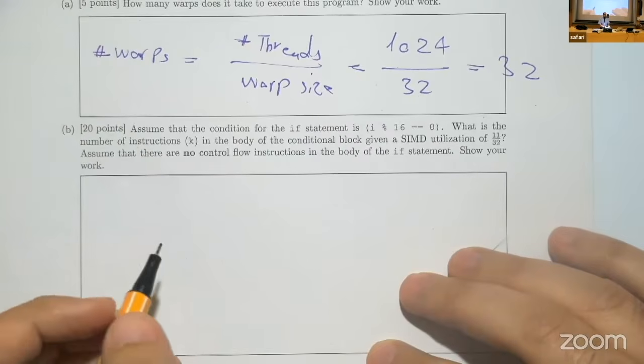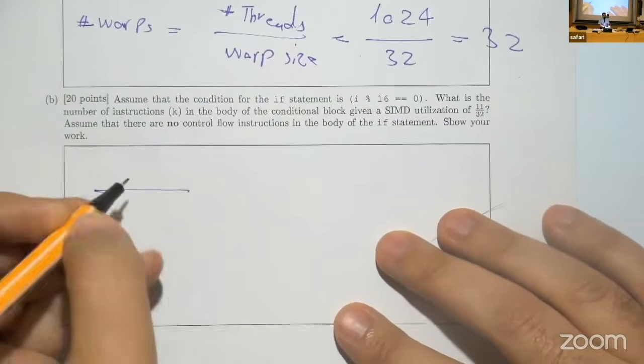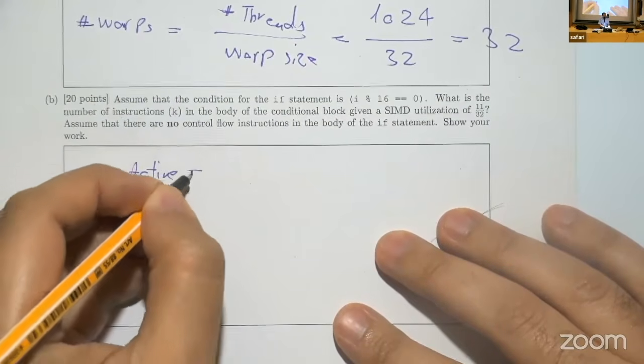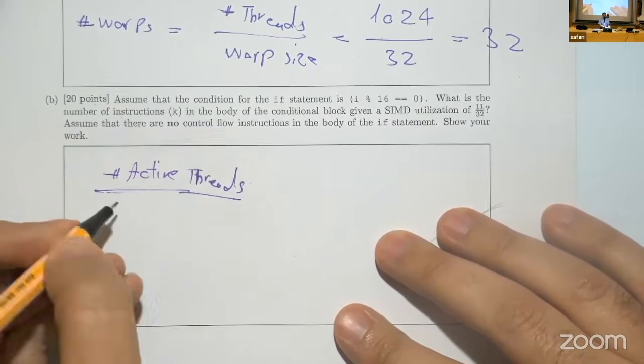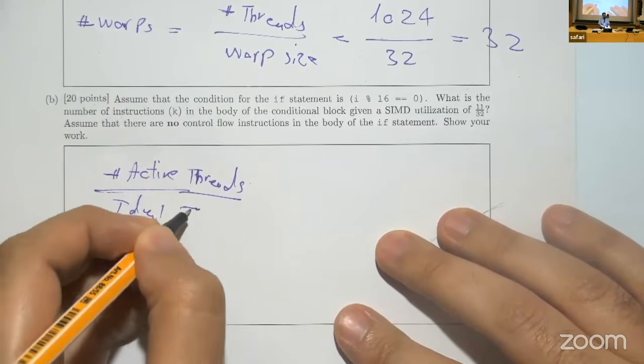When you want to calculate the utilization rate, you need to see the number of active threads divided by the ideal number of threads.